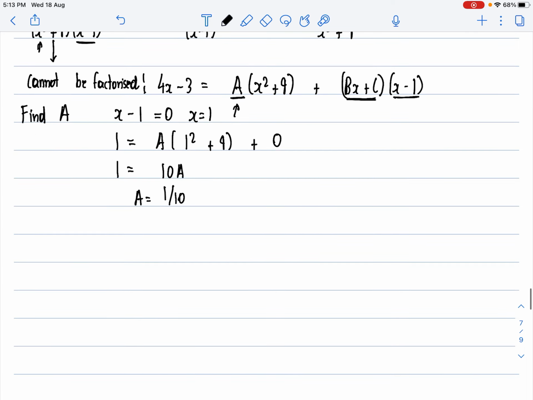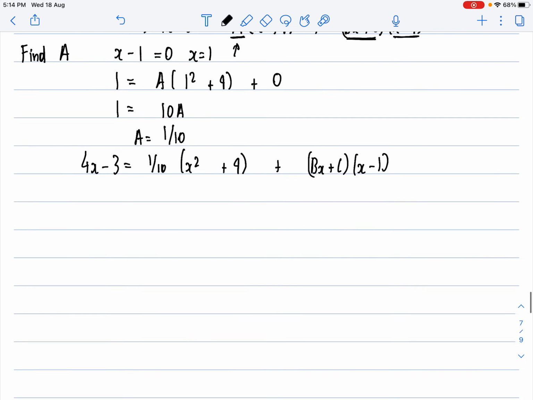Now what you do is you write this full equation with the value of a inputted. So you get 1 over 10 with x square plus 9, plus bx plus c multiplied to x minus 1. Now try to solve it for x.